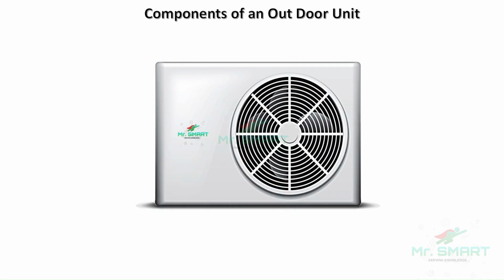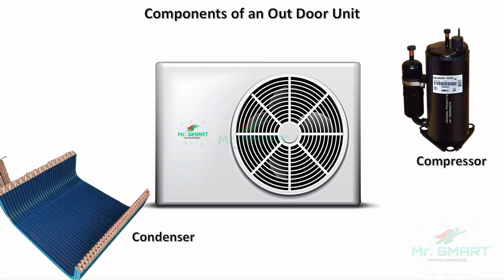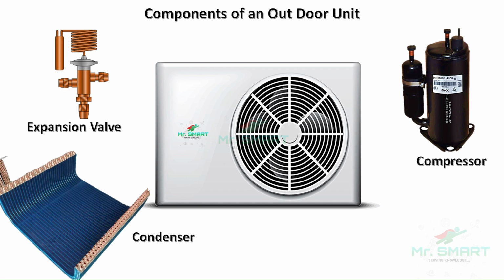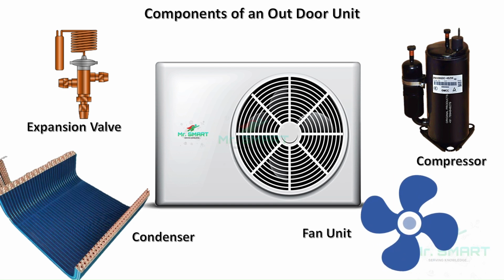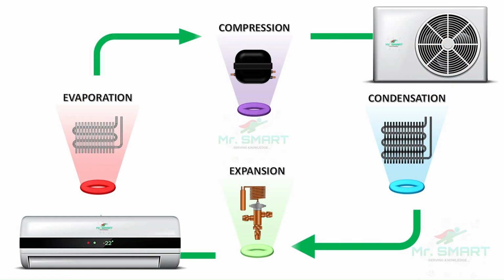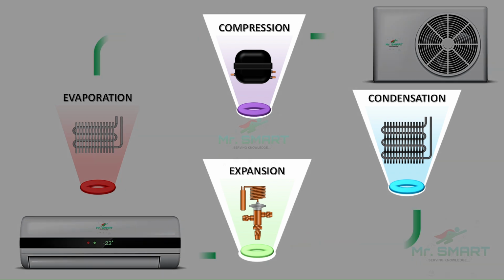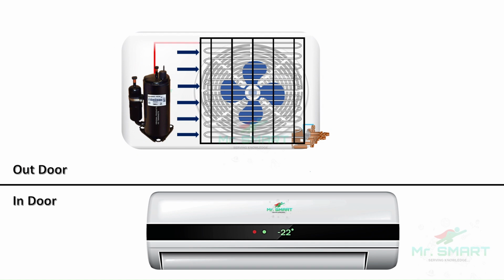An outdoor unit consists of a compressor, condenser, expansion valve, and fan unit. All these components work together to perform three main processes of a cooling cycle: compression, condensation, and expansion. During operation, the compressor inside the ODU compresses the low-pressure refrigerant gas, producing a high-pressure and high-temperature fluid, which is then passed to the condenser coils.